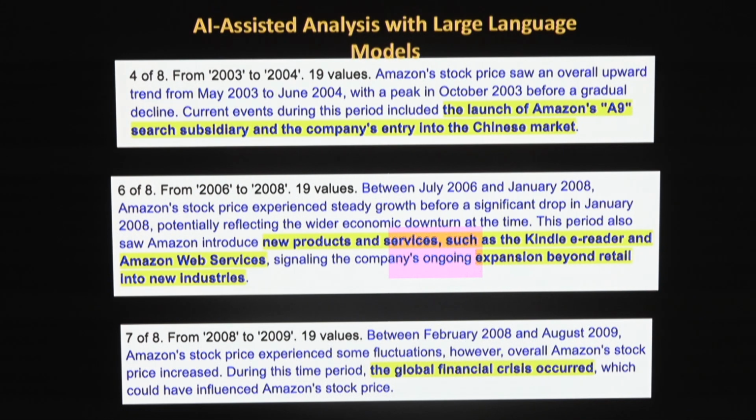So I've highlighted here a couple of interesting outputs that are situated in that Amazon section of the Ollie hierarchy. The model is providing information about things like product launches and entering into new markets to contextualize the data that you're looking at.